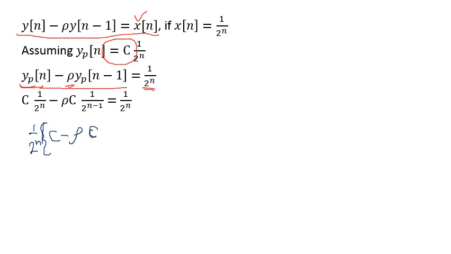And because this is 1 over 2 power n minus 1, you understand that 1 over 2 power n minus 1 can be written as 1 over 2 power n multiplied by 2 power minus 1.